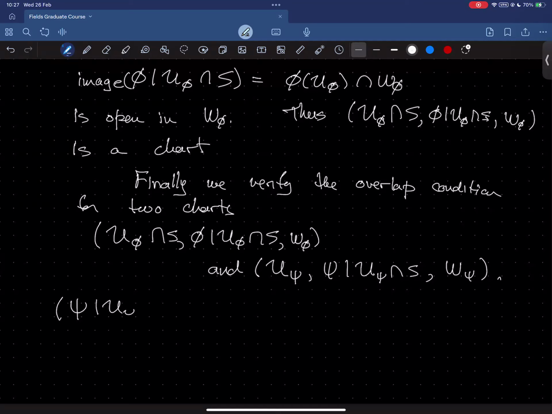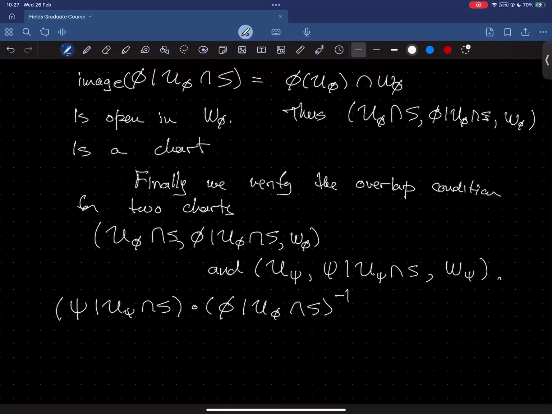Again, it's tedious notation, but it's a simple enough thing. Remember that the overlap maps are psi composed with phi inverse. It's just that these maps now are cumbersome. Composed with phi restricted to U phi intersect S inverse.